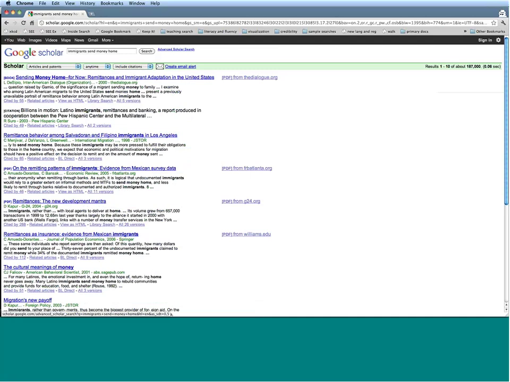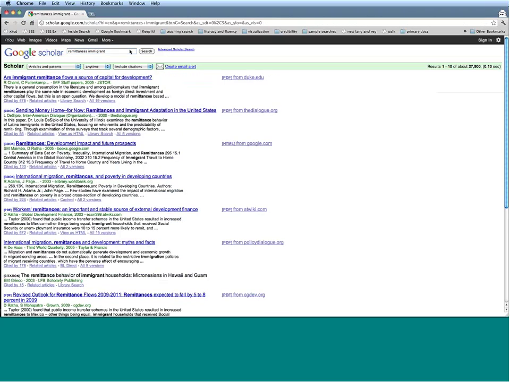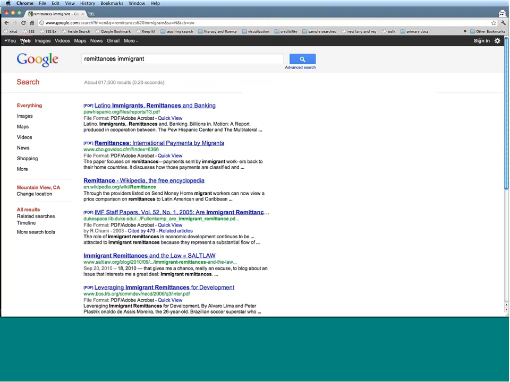And I've done the search, immigrants send money home, and now I see remittances again, here appearing in most of my search results. So I should be trained as a student, I should get in the habit of looking for words that I don't recognize. And now, remittances, I can do a search, and now I'm going to click back on web in my black bar.